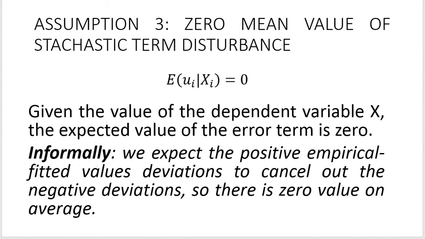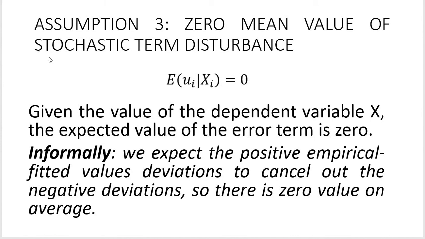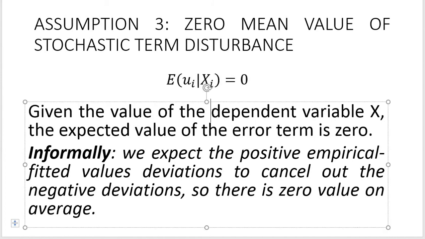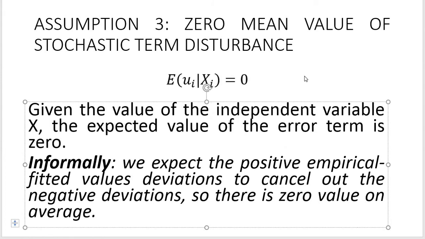Okay, so the third assumption tells you that there should be zero mean value of the stochastic disturbance term. So given the value of the independent variable x, the expected value of the error term should be equal to 0.